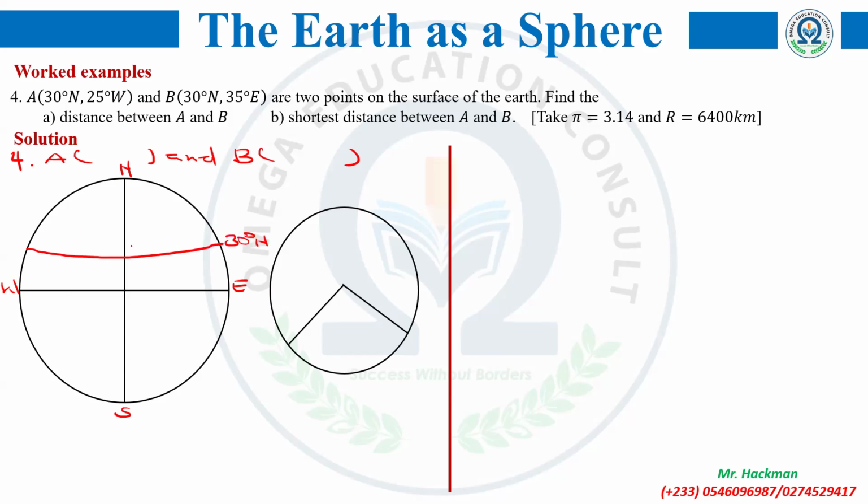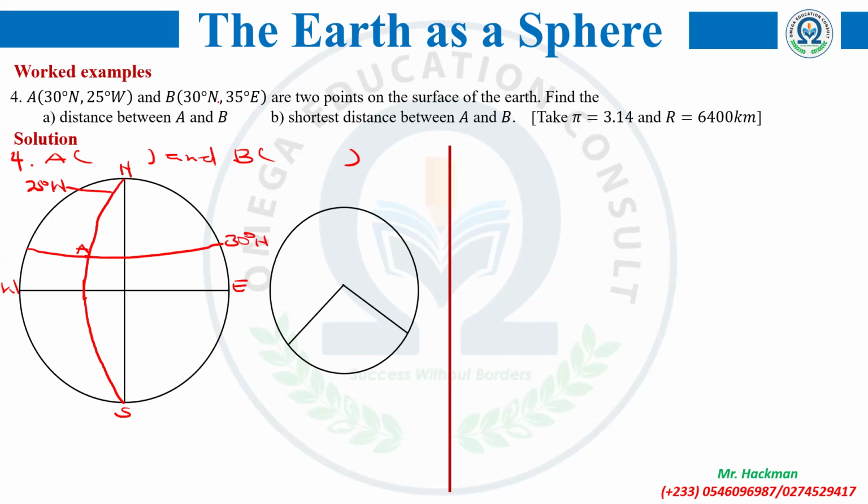That's the first latitude of the first point. Then 25 degrees west is going to be here. I indicate this, my 25 degrees west. Where they meet, that is where I will locate my point A.